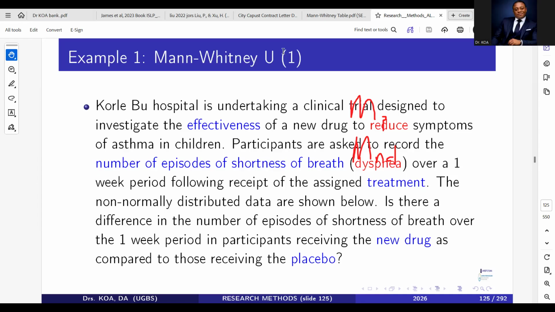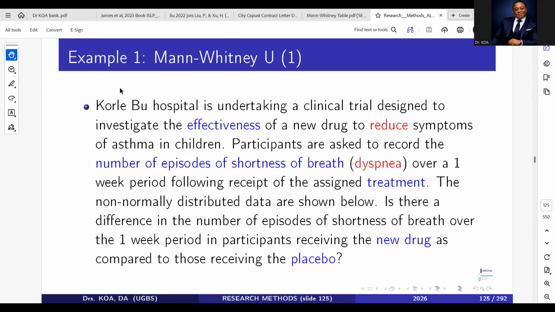Okay. So normally, in a real-life situation, one of the first things you have to do before using the Mann-Whitney is to determine whether the data is normally distributed. Now, how do you determine the distribution of the data? Well, if you plot the distribution and it looks bell-shaped like this, it means that it's normally distributed. If it looks like that, it means it's skewed.